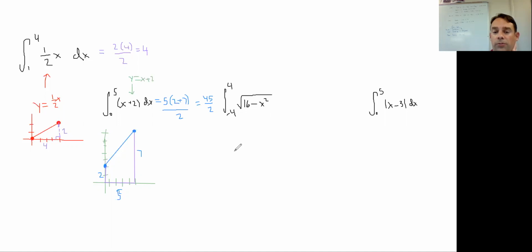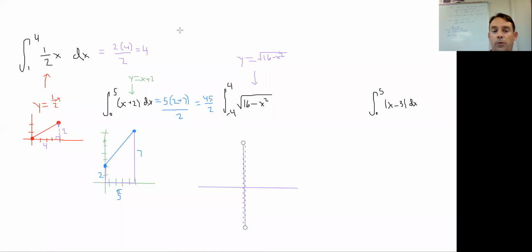How about this next one? What shape would that be? Let's see here. If I were to think of it in terms of y equals the square root of 16 minus x squared, friends, that's the equation of a semicircle.